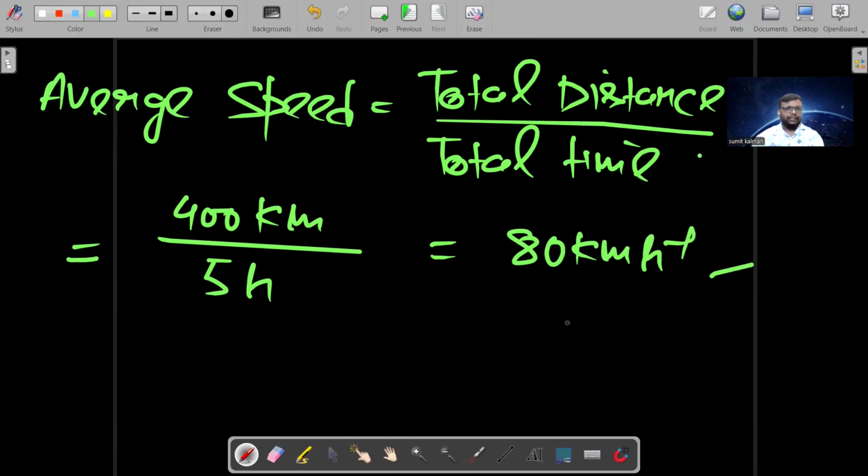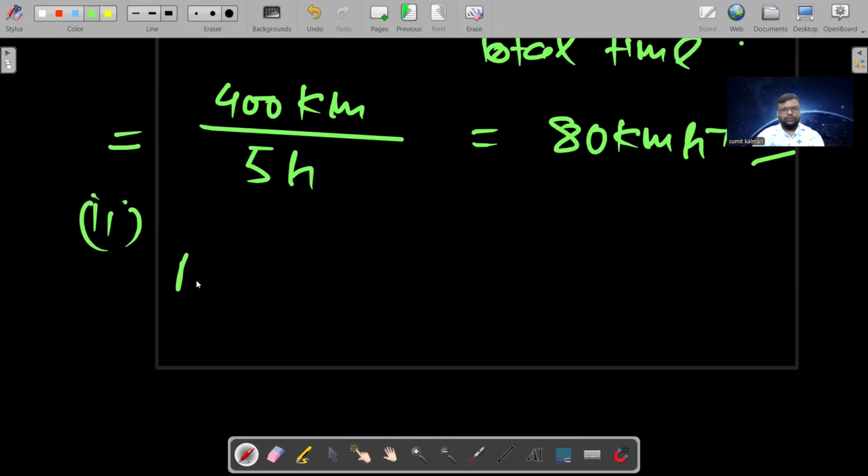That's it. Now, students, in the second part, they are asking to calculate average velocity. So students, how to calculate average velocity?